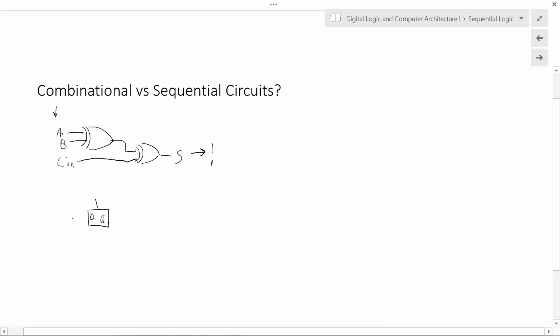However, when we have a sequential circuit, if we have a input here and a clock input here, let's say we have an A and we have a B here. This is input B. And input C in. And we connect all of these to clock.